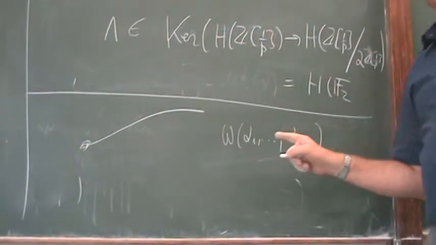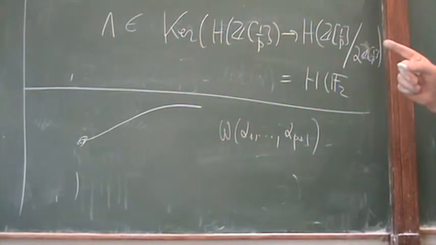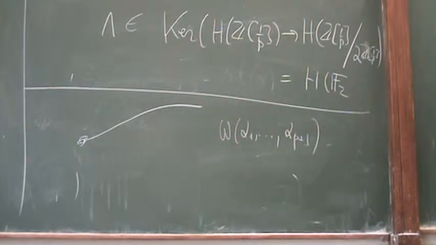But let's be careful: here I have the generators and their inverses. I want to say that if I take a word in the generators and their inverses, such that this is a reduced word in the sense of a free group.